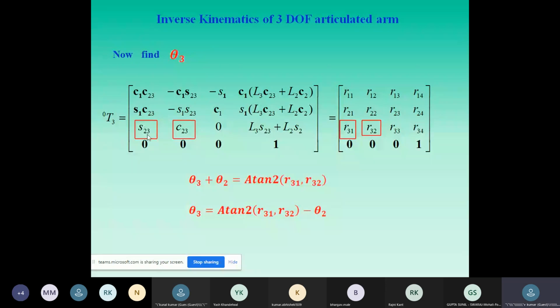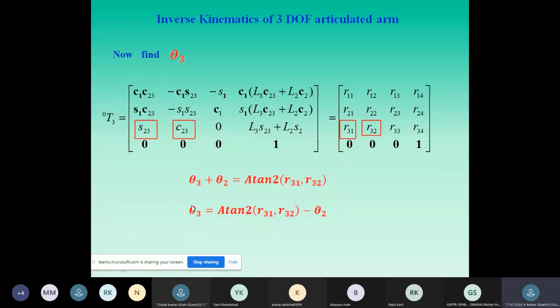Okay, so if we divide the sine function by the cos function, then we will get the tan function, and we will get tan of theta 2 plus theta 3. From that, theta 2 plus theta 3 is equal to tan inverse of R31 by R32.